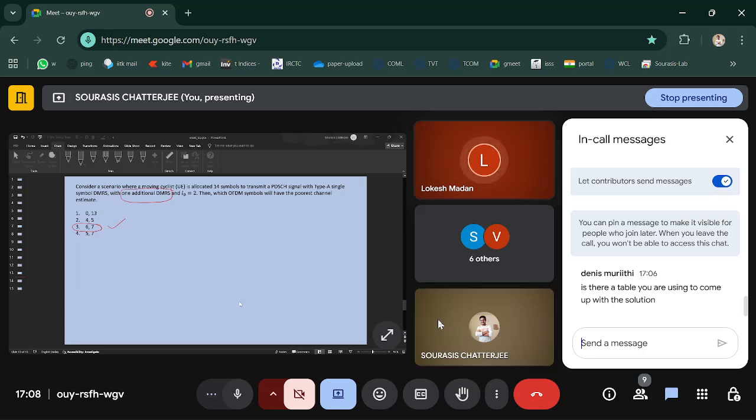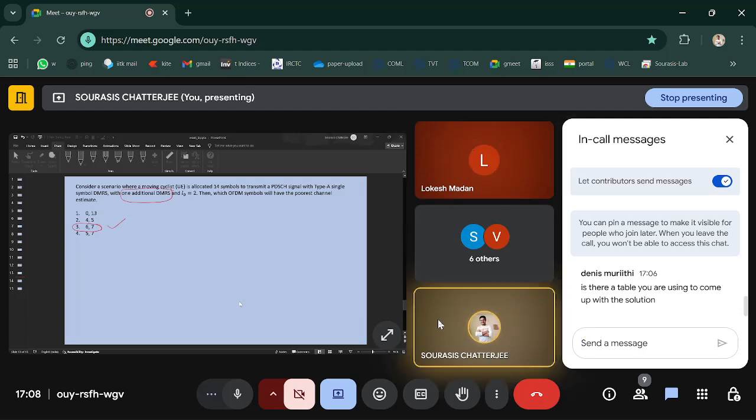I think if the word is slot, then it becomes more relevant. It could be true, but if it is user, I think it will be false, because user means geolocation, not slot. It's going to be false only.